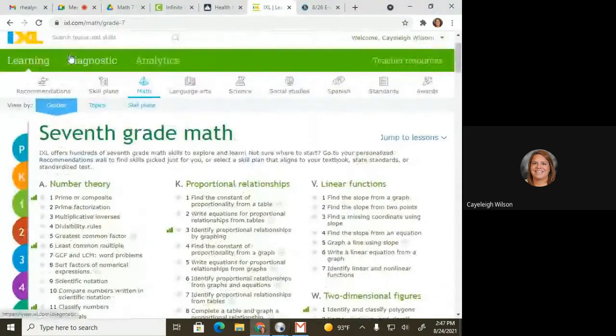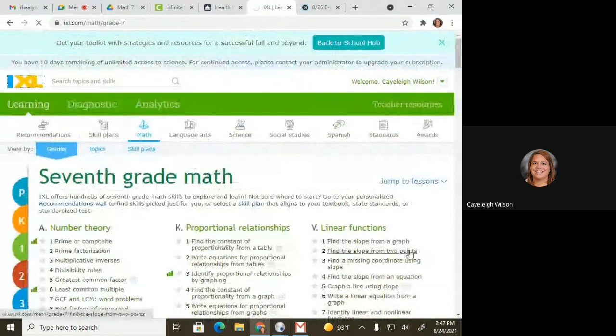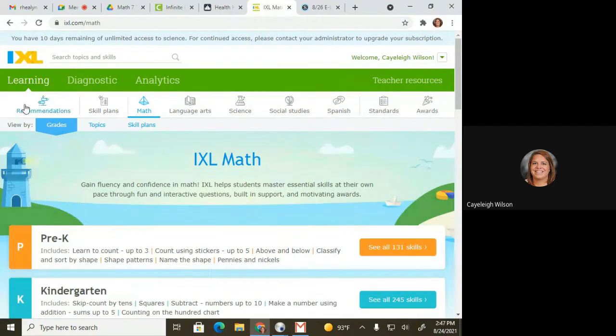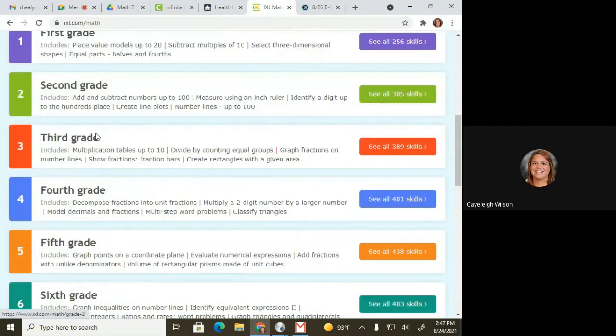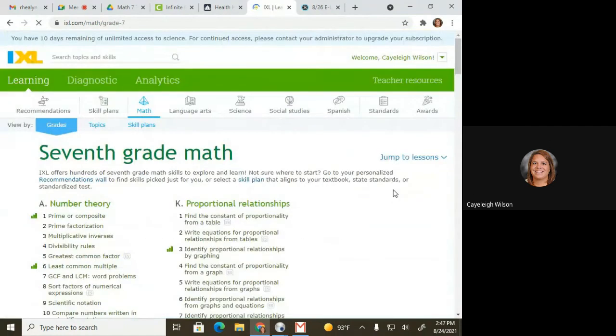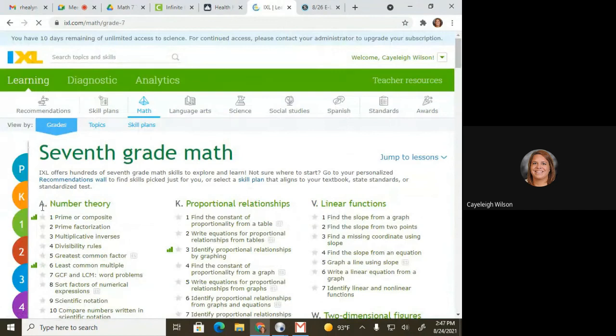All right. So when you get on IXL, now yours home screen looks a little bit different than mine, just because I'm a teacher. Maybe. Okay. So you should go to learning. Then you should scroll down to 7th grade because we're in 7th grade. And then we're going to scroll down to the H column.